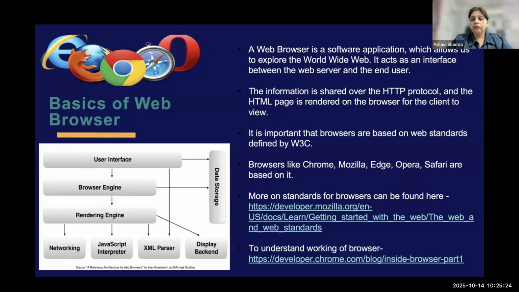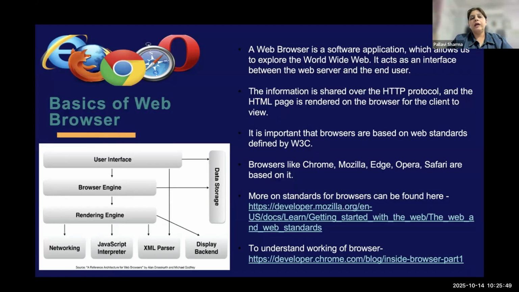Any web browser which we are interacting with has different components because it's a software application. It is built using different components. So you have a user interface, a rendering engine, which has different components like networking, the JavaScript interpreter, XML parser, display end, and a browser engine.